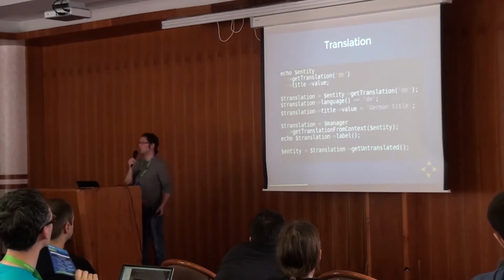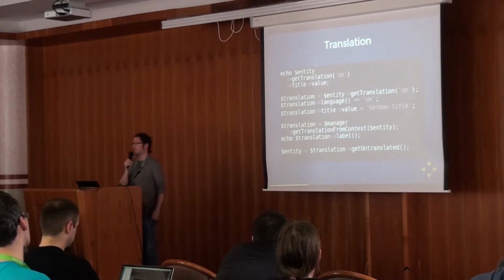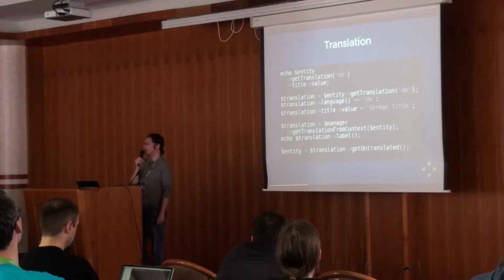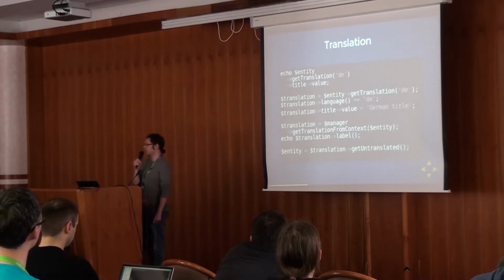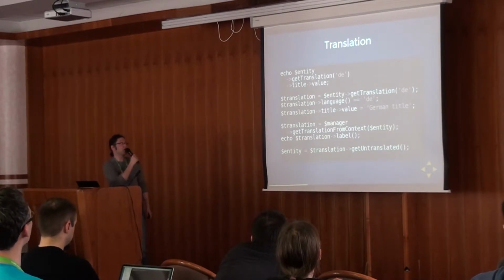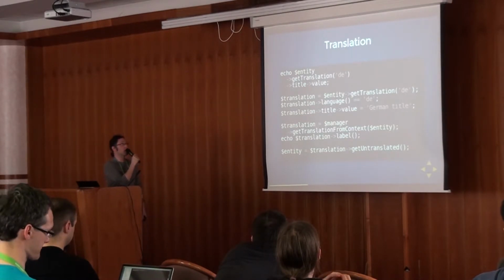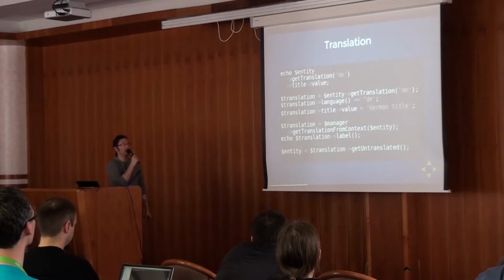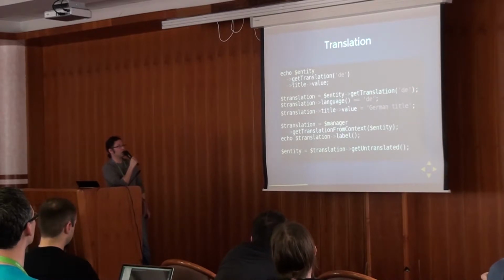The full entity object works exactly the same as the original one. It just holds the translated language. And there are some convenience methods on it, like the language method, so you can ask the entity or the translation object what kind of language it actually is.